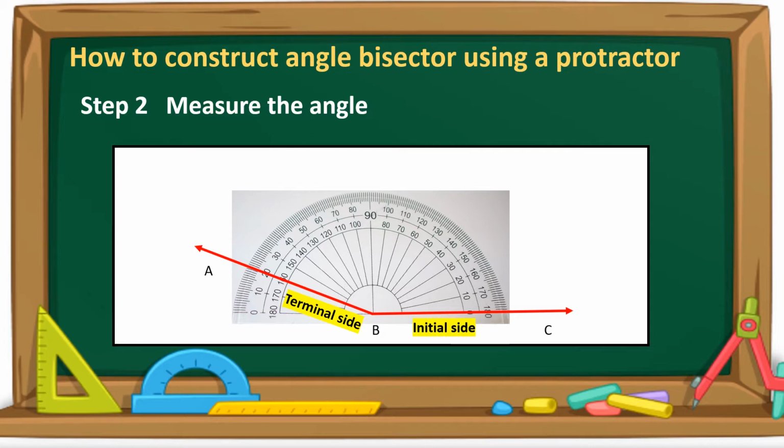Next, line up the vertex with the midpoint of the protractor. Now, to find the measure of the angle, start from 0 degrees until you reach the terminal side in our figure. So the measure of angle ABC is 160 degrees.